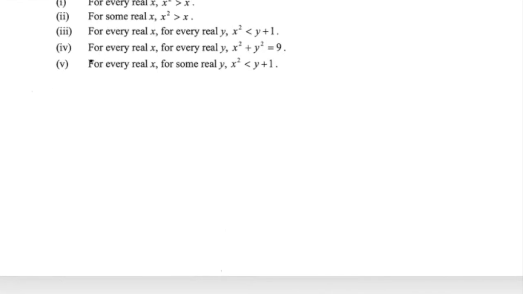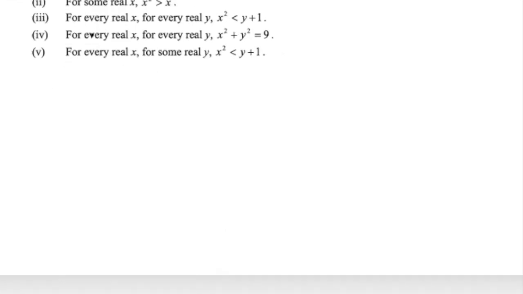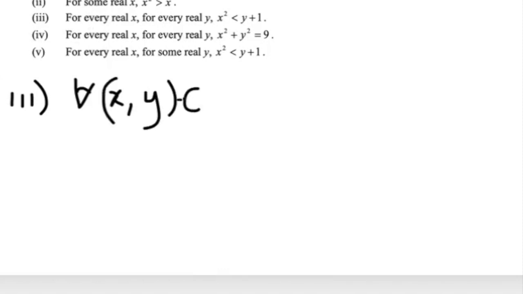For part 3, it says for every real x, for every real y, x squared is less than y plus 1. Is this true or false? First, let's write the quantifier. This is a nested quantifier. It says for all x and y an element of R. It's R because it says real.